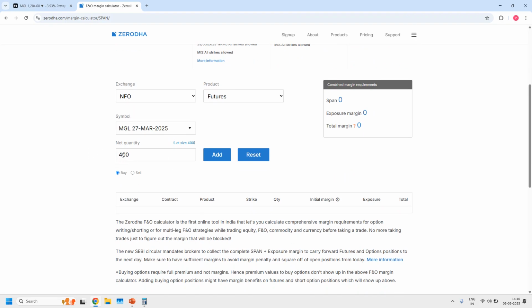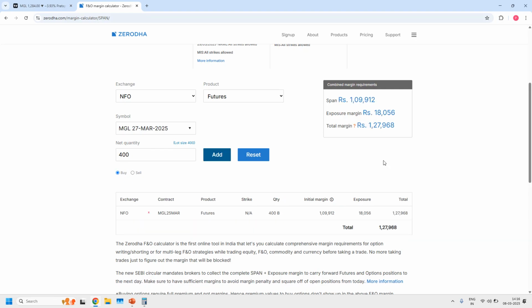What is the net quantity? 400. And what is the margin cost? 1,27,968. Remember, this is today's margin cost. But at the time of taking, the value might be higher or lower. Let us approximate the value, let us predict the closest value I can by seeing the price.